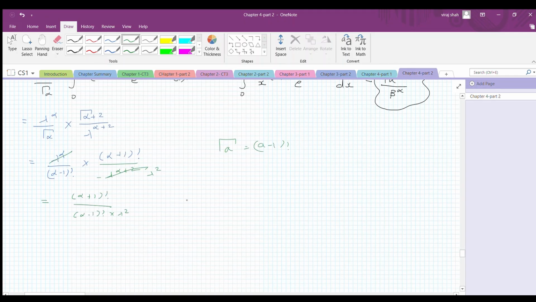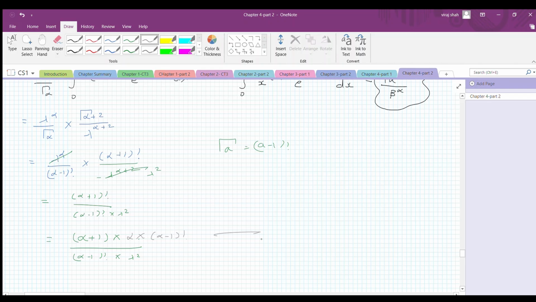So now I can write alpha plus 1 factorial as nothing but alpha plus 1 into alpha factorial, and I can write this as alpha minus 1 factorial into lambda square. Similarly, even I can write alpha factorial as nothing but alpha into alpha minus 1 factorial.